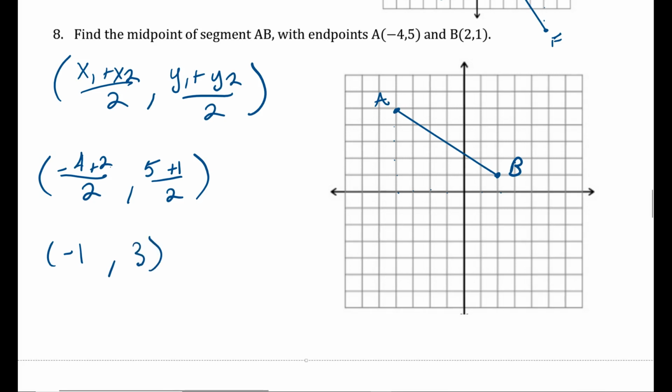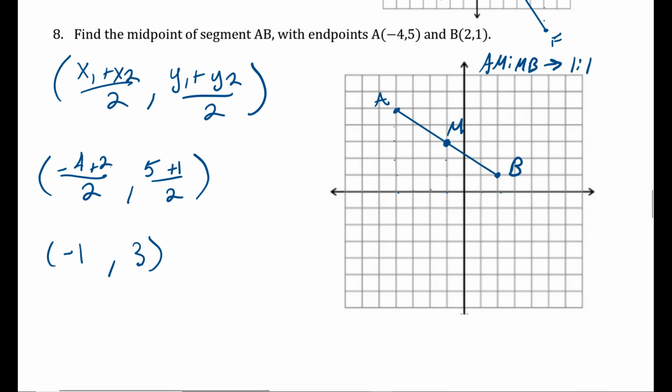So if I go left 1 and up 3, this should be my midpoint right here. That breaks AB up into a ratio of 1 to 1. So AM to MB is 1 to 1.